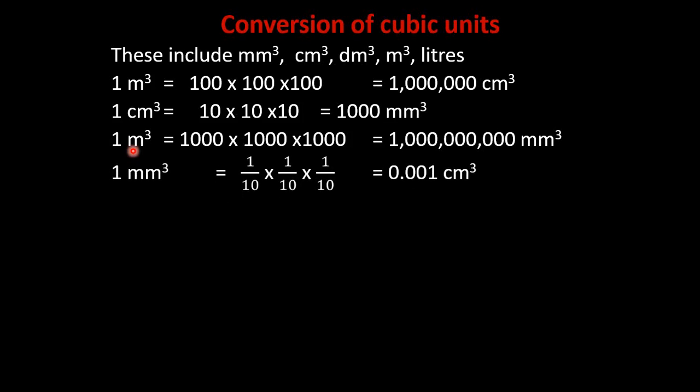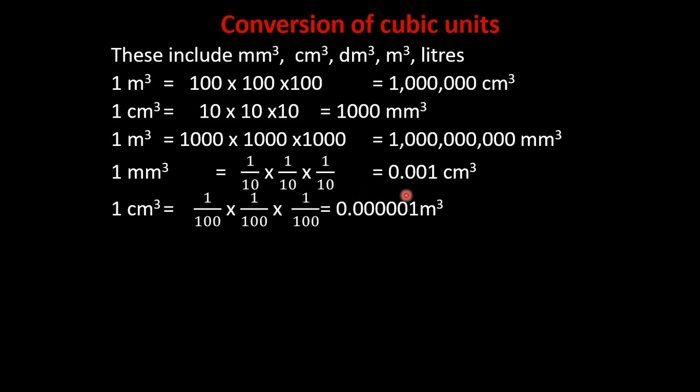Now, also 1 cubic millimeter is equivalent to 1 over 10 centimeters times 1 over 10 centimeters times 1 over 10 centimeters, which gives you 1 over 1000 centimeters cubed, which is equivalent to 0.001 cubic centimeters.